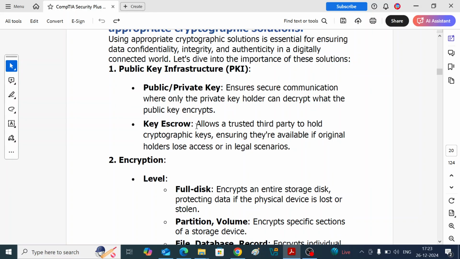So we have two kinds of keys when it comes to cryptography, one is public key and one is private key. Public key is used to decrypt it, right?